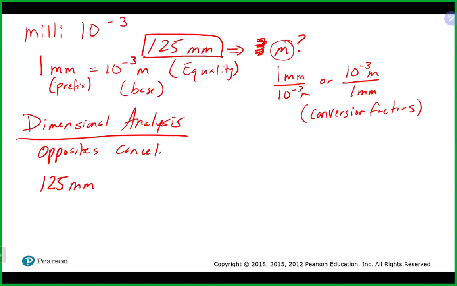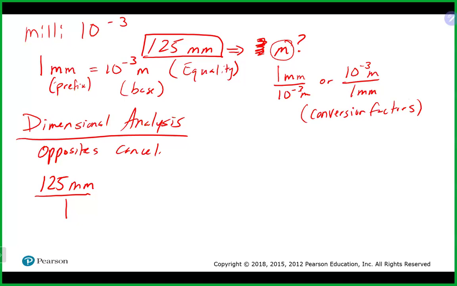Although this is not really written as a fraction, you could make a fraction if it's easier for you to visualize what's going on by simply assuming this is over 1. The benefit of doing that is when you do dimensional analysis, you definitely want to keep the top units on the top and the bottom things on the bottom. We want to keep them really separated from each other.